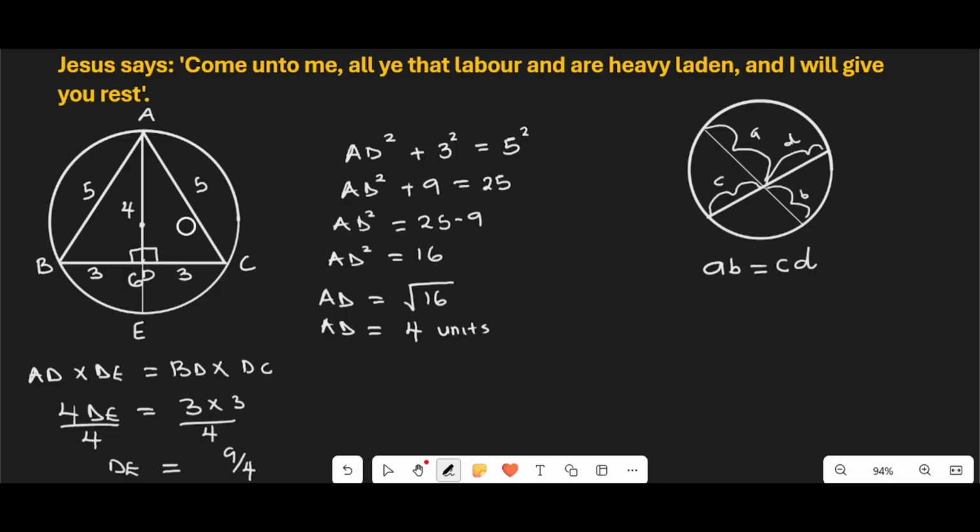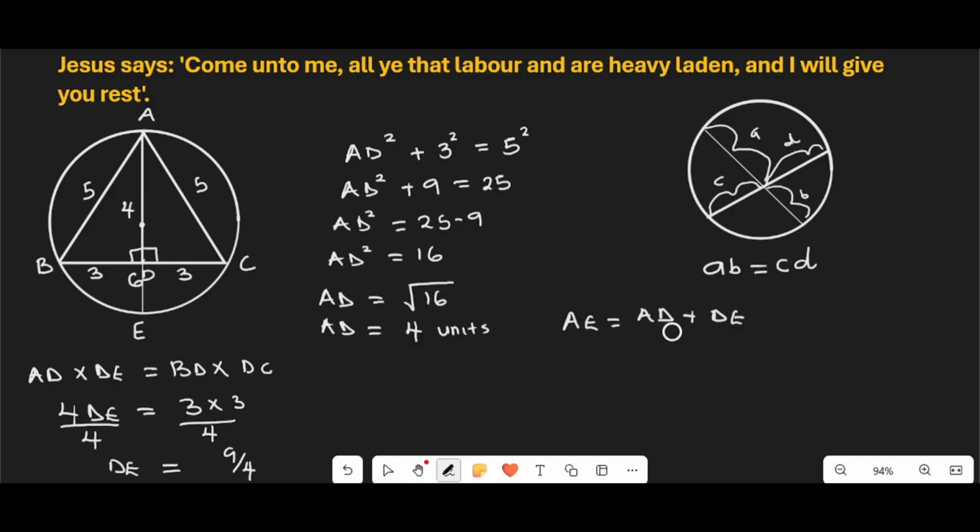And we said earlier that a perpendicular bisector in a circle always passes through the center of the circle. It implies that line AE is the diameter of the circle. So we can say AE equals AD plus DE.